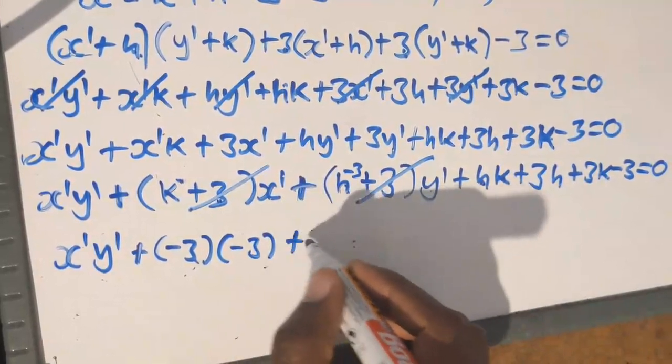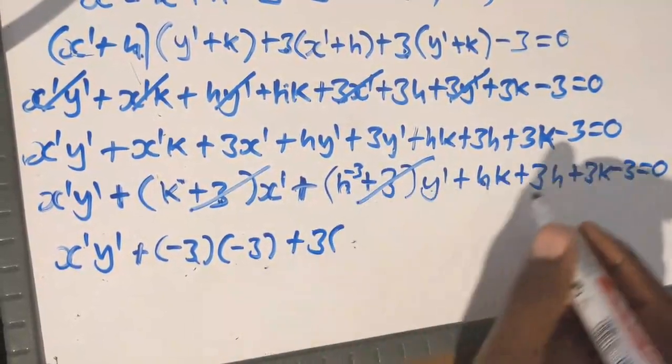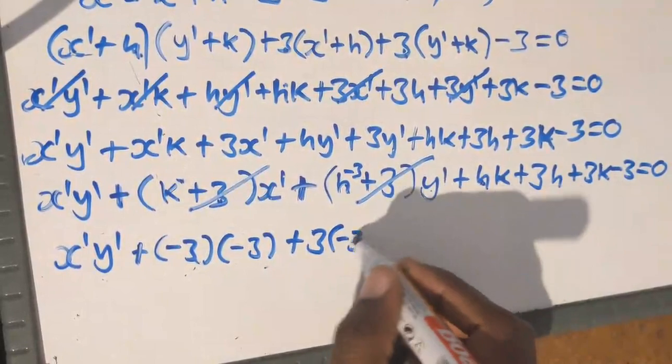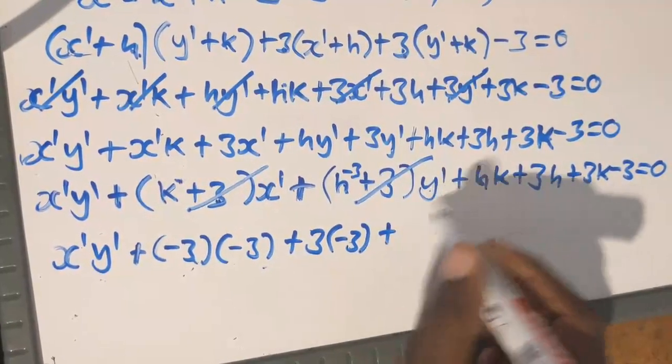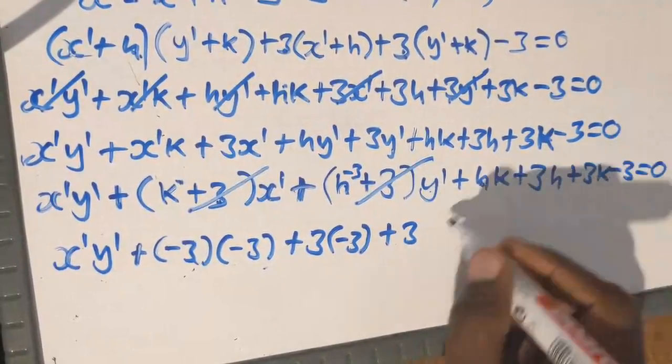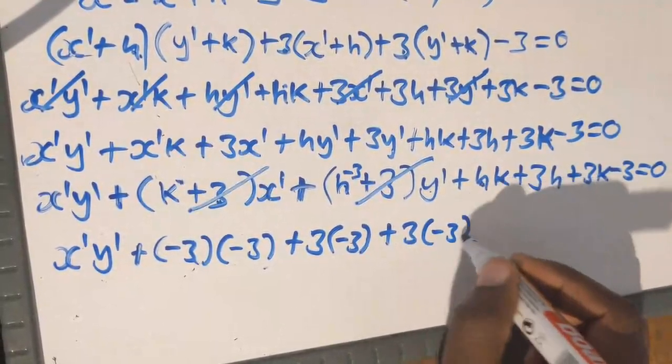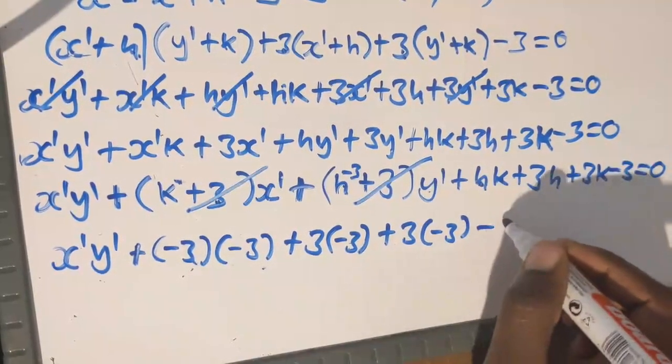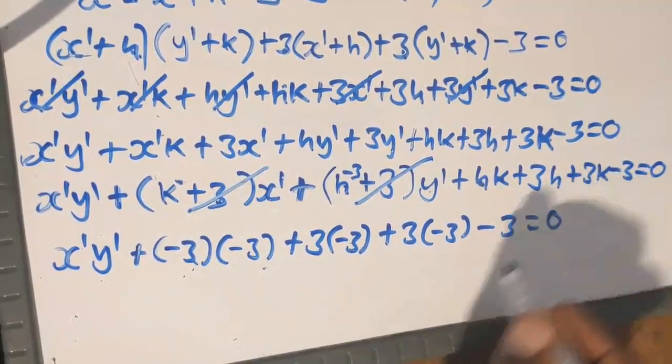Then plus 3 multiplied by negative 3, then plus 3 times k, which is negative 3. Then there is minus 3 equal to 0.